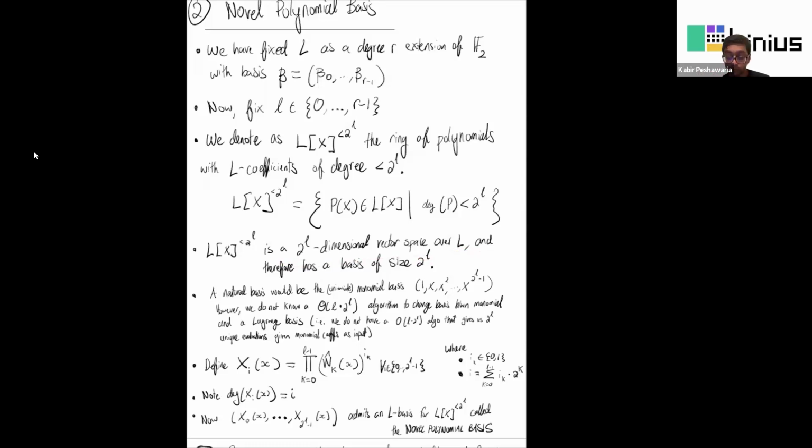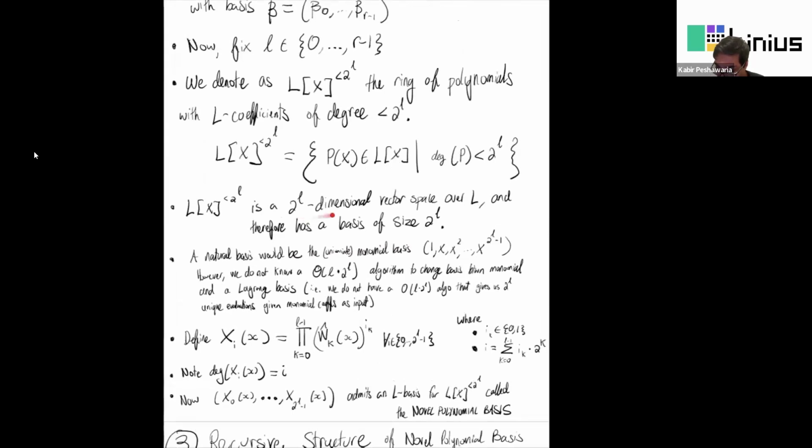And then there's a second vector space, the set of polynomials with a degree bound, which is a vector space over L, our bigger binary field. Two vector spaces at play. This one is an R-dimensional vector space, and this one is a 2 to the little l dimensional vector space. Great.